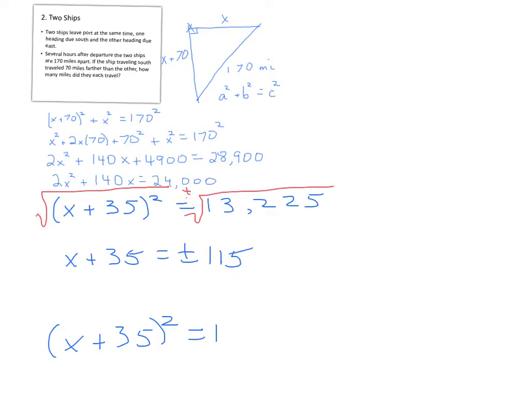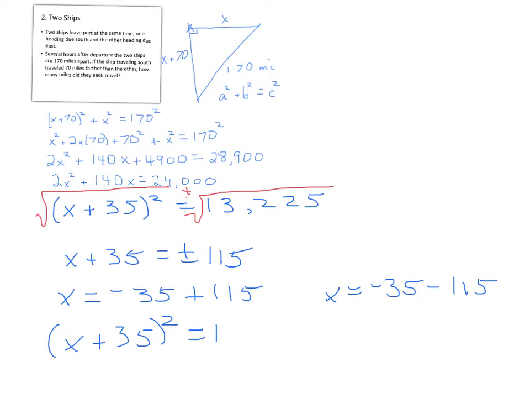So all we have to do is subtract 35 from both sides and solve for x. So x might equal negative 35 plus 115, or x might equal negative 35 minus 115.